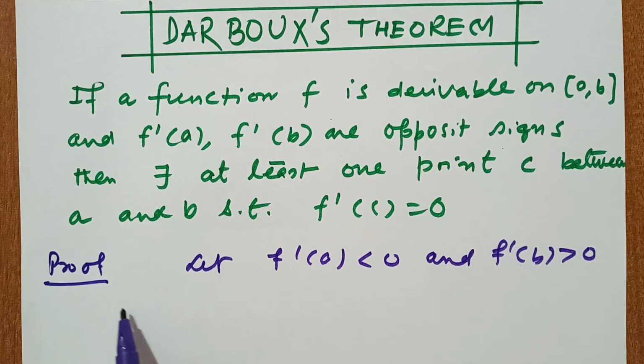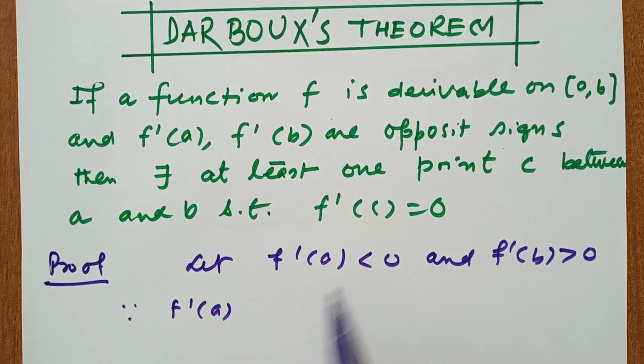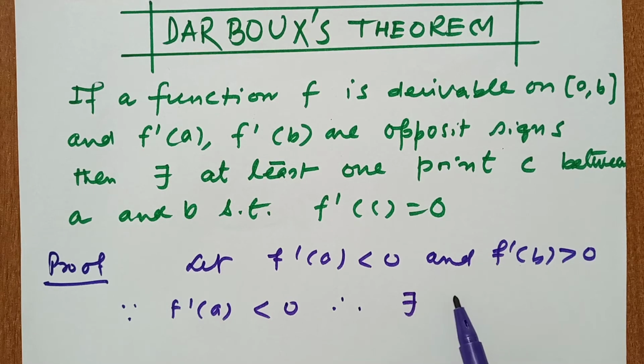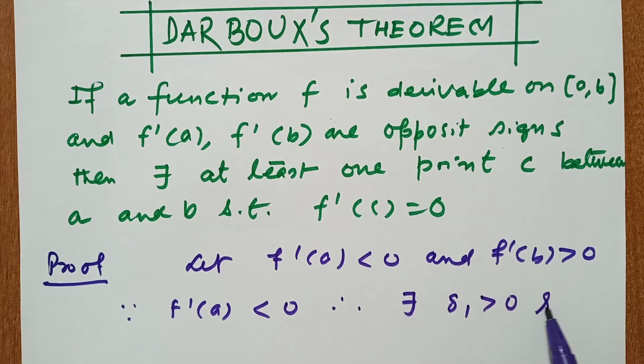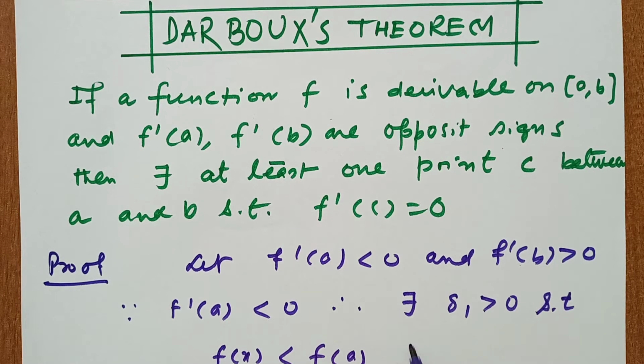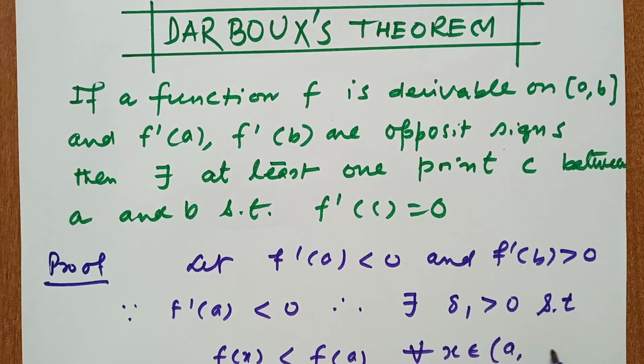Since f'(a) is less than 0, meaning negative, there exists a positive real number delta 1 such that f(x) is less than f(a) for every x belonging to the open interval (a, a plus delta 1).